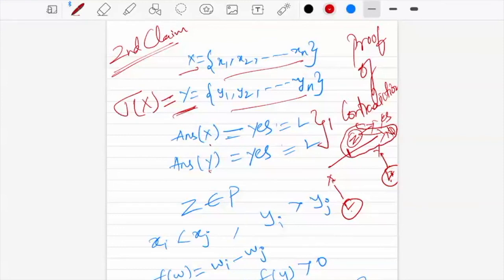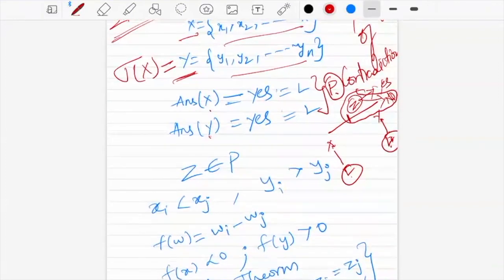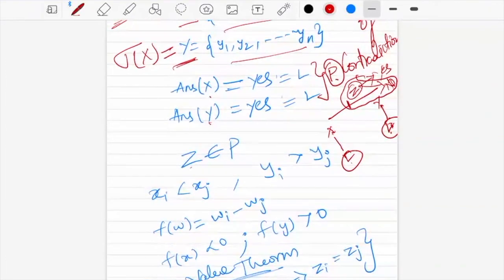So I am considering that the X and Y instances are reaching the same leaf node. Let us consider the path for reaching the leaf node as P, and that this Z instance belongs to P. I am considering, for example, xi is less than xj and yi is greater than yj.